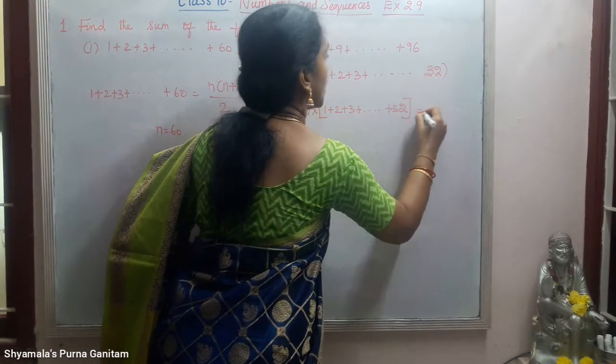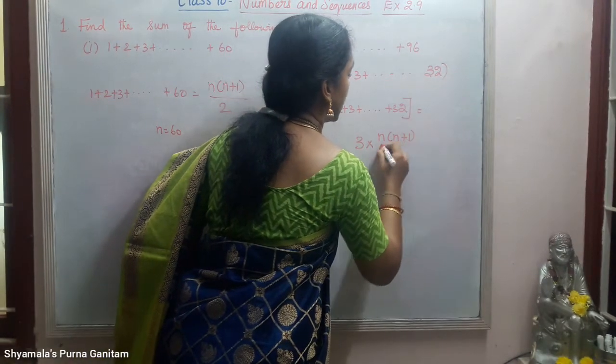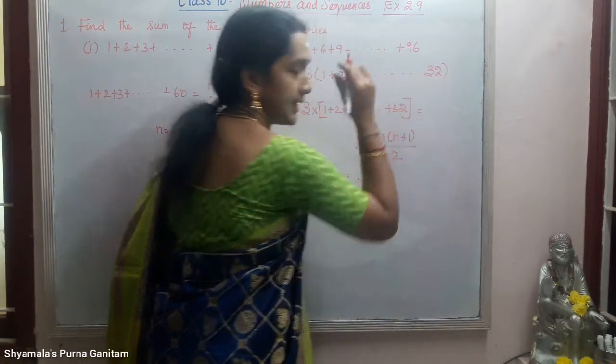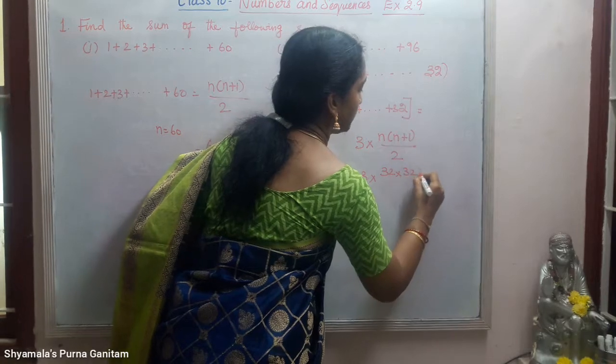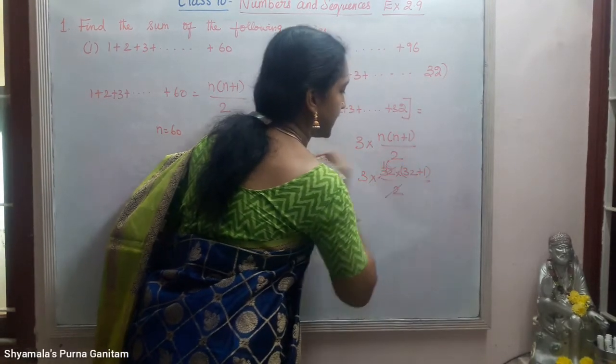So now the formula is 3 into n into n plus 1 by 2. So this is equal to 3 into, n is 32 here, 32 into 32 plus 1 by 2. When we simplify this we will get 16.